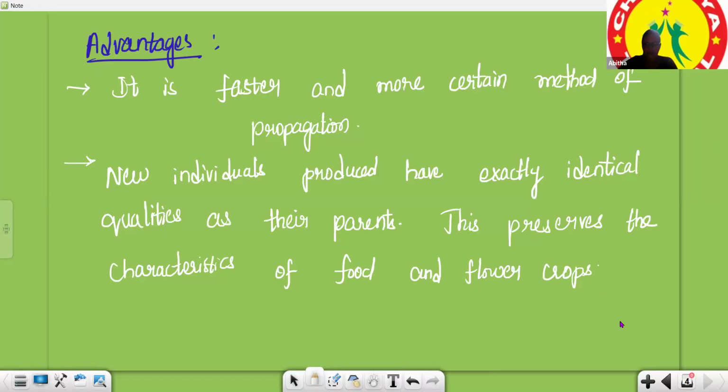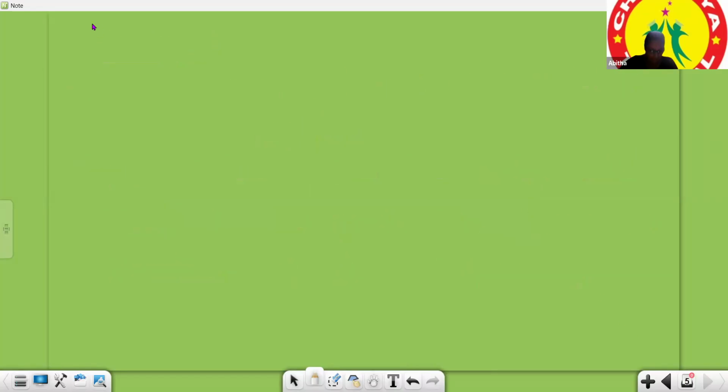Next advantage we can discuss. It can be used to reproduce plants that do not have viable seeds.